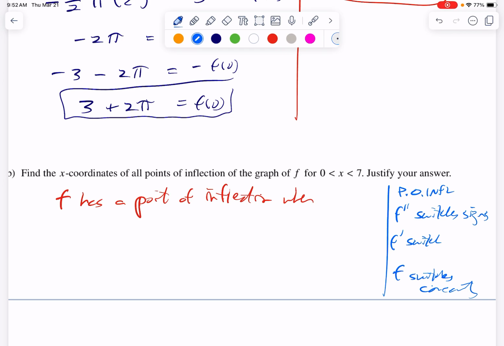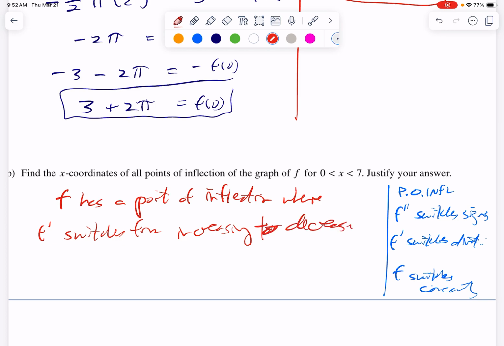So f prime switches from increasing to decreasing, or vice versa. So f has a point of inflection, we'll say where f prime switches from increasing to decreasing, or vice versa. That's just the general principle.